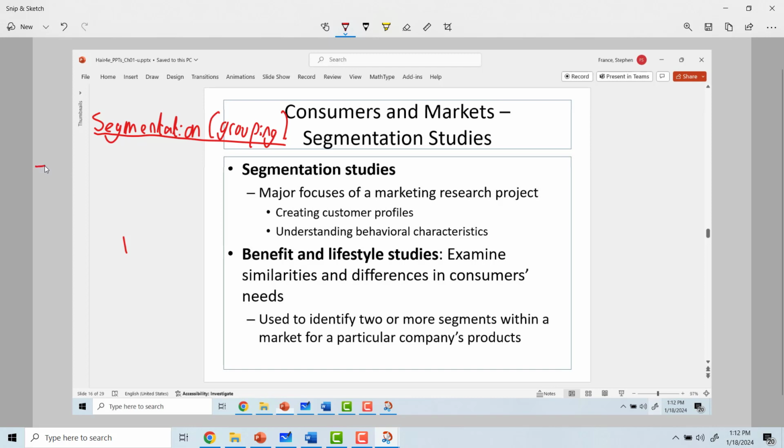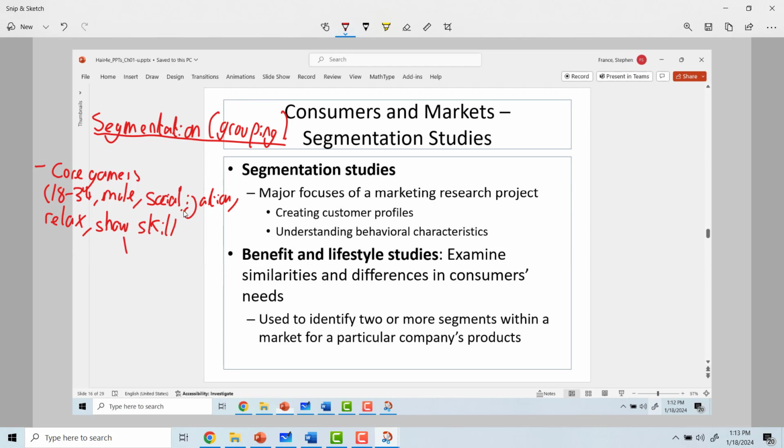We would potentially have our core gamers. These may be 18 to 34, predominantly male, and they would be using it to socialize, to relax, and to show skill, kind of as a competitive thing.